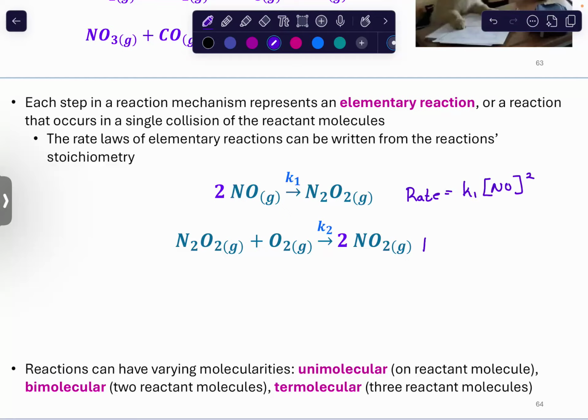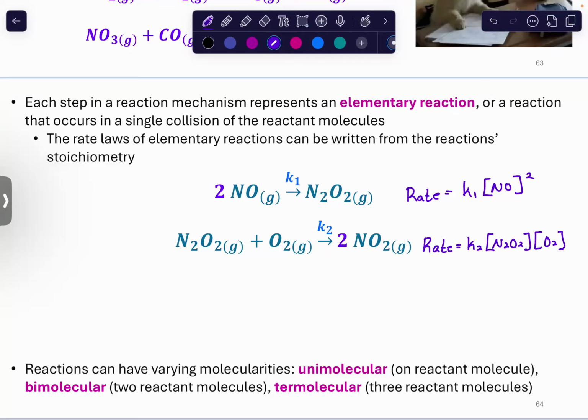So for your second one here, now we are going to be judging reaction mechanisms.